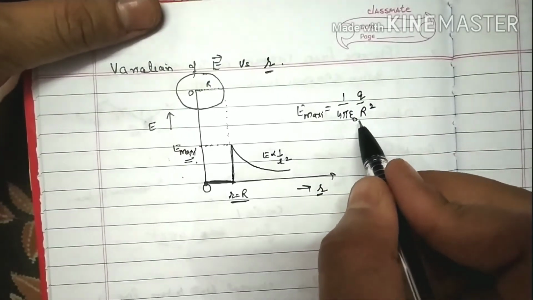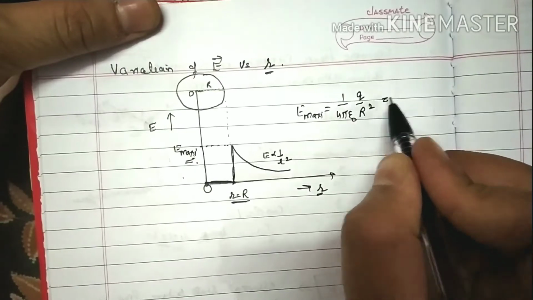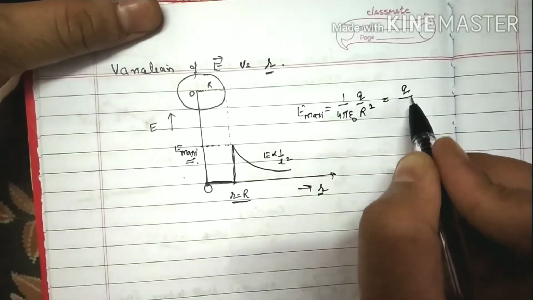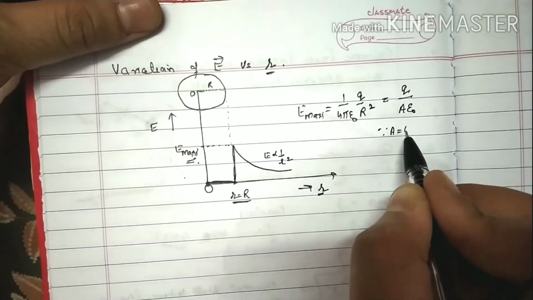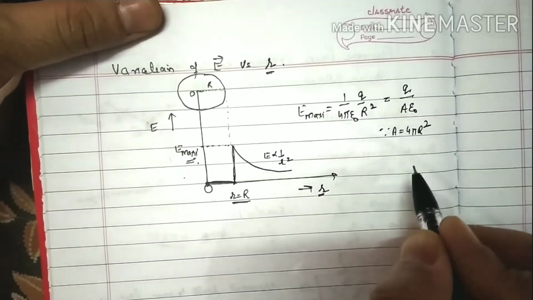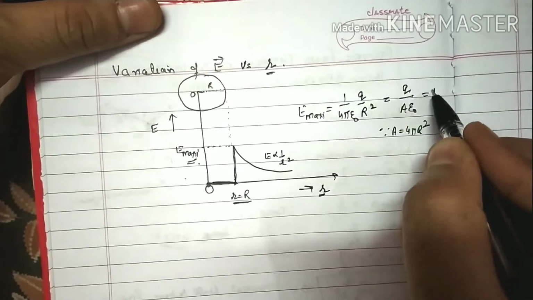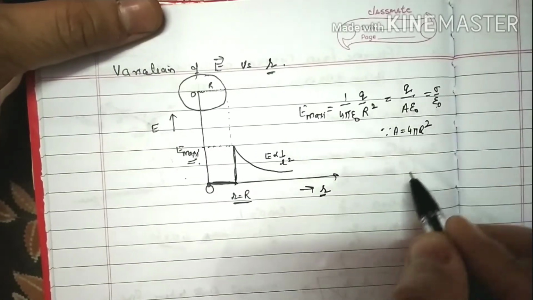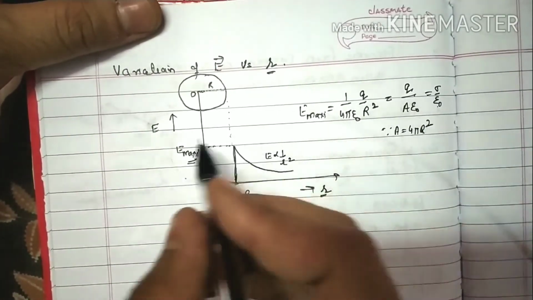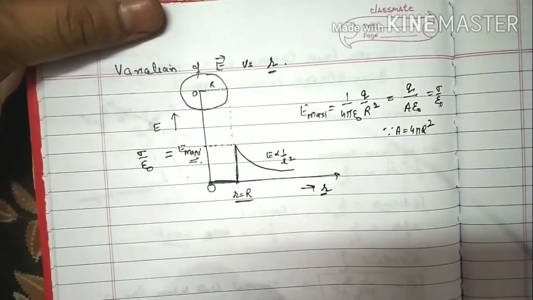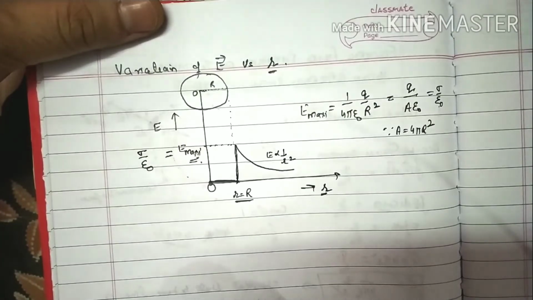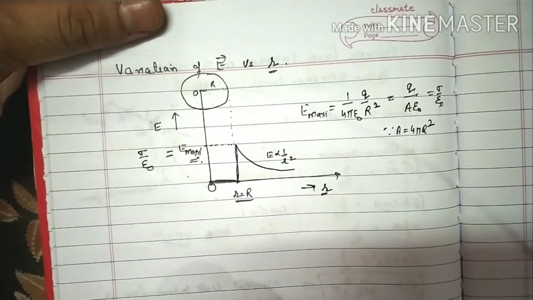Now you know that this I will write as Q upon A epsilon naught, because A is equal to 4 pi R square, that is the area, and Q upon A is equal to sigma. Sigma is the surface charge density. So this is the maximum electric field, sigma upon epsilon naught. So this is the variation of electric field intensity with respect to r.